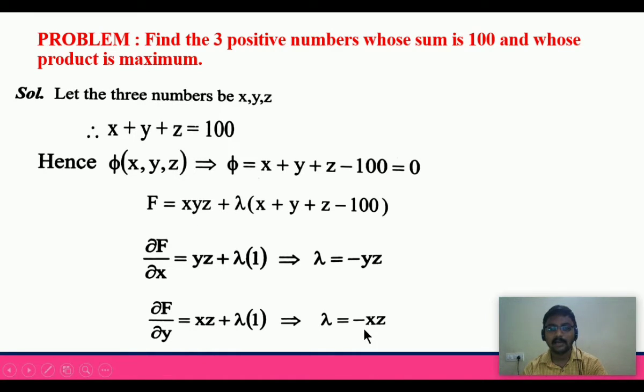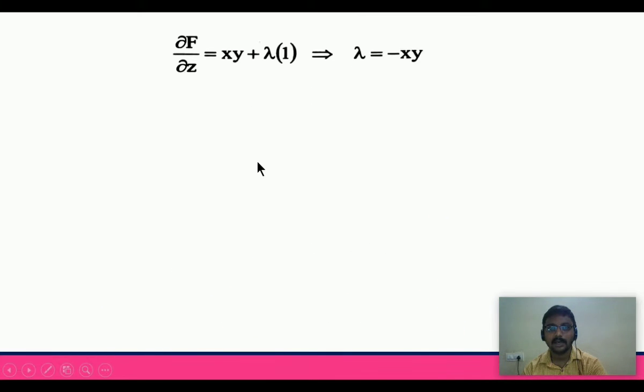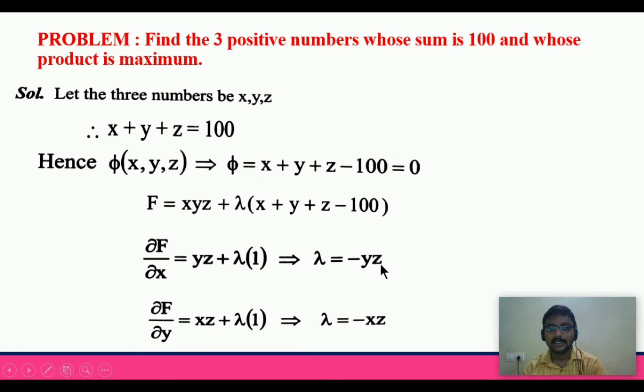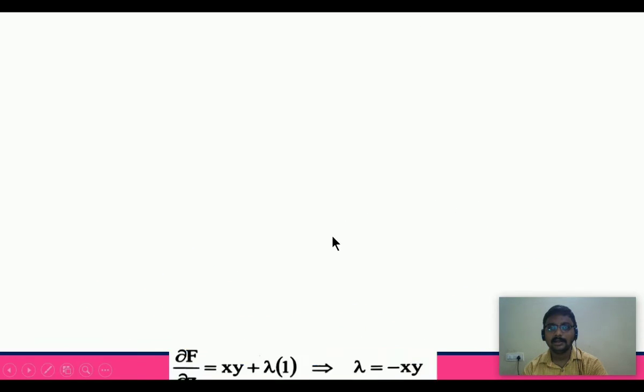So we will have lambda equal to negative xz, and ∂f/∂z, which is obtained by differentiating f partially with respect to z, keeping xy constant. So we will have lambda is negative xy. So that we will have lambda is negative yz, lambda is negative xz, and lambda is negative xy.